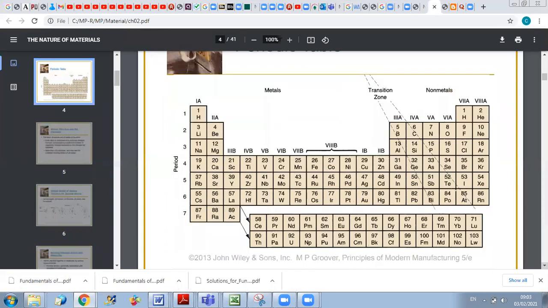Let us look for selenium. So it's here. Okay, Se, it's here. So it is in which group? It is in group 6. Okay, so since it is in group 6, how many electrons will it have on the outer orbit?